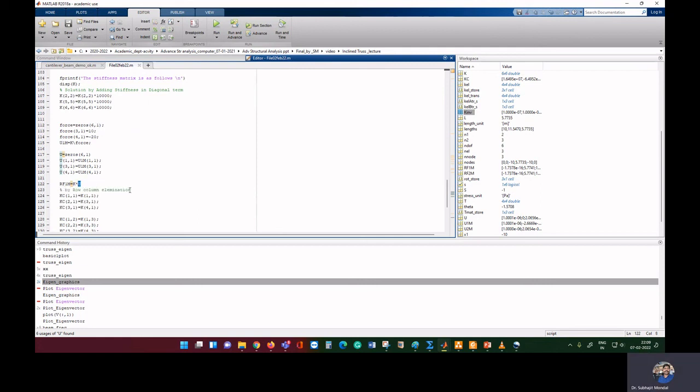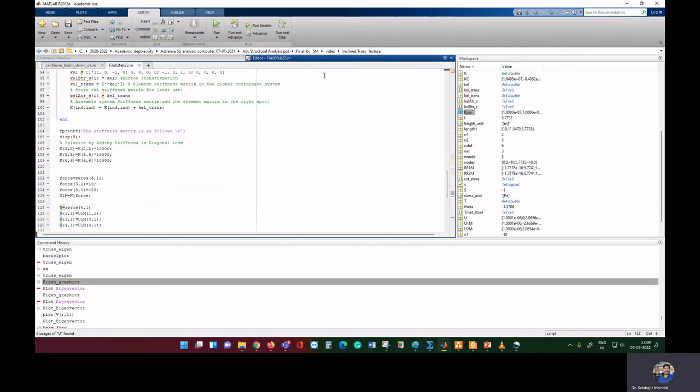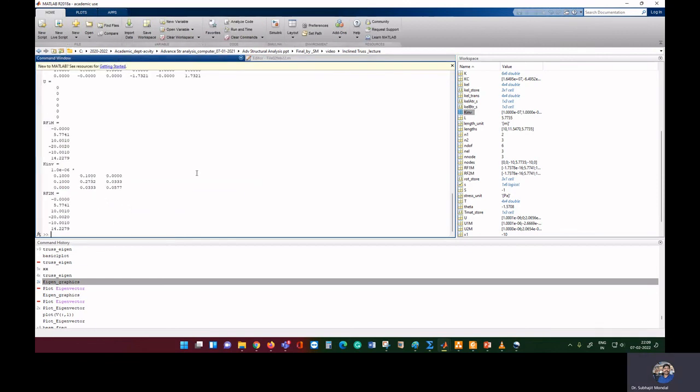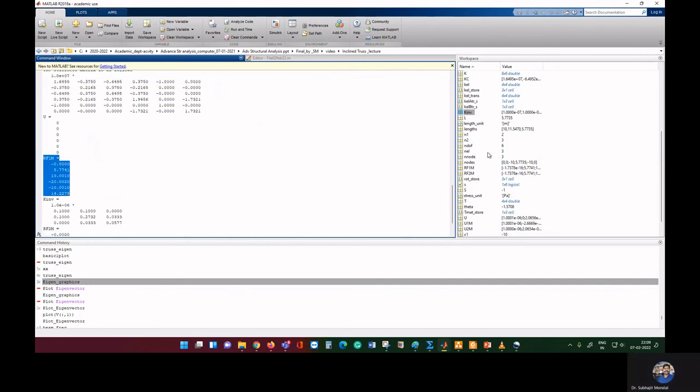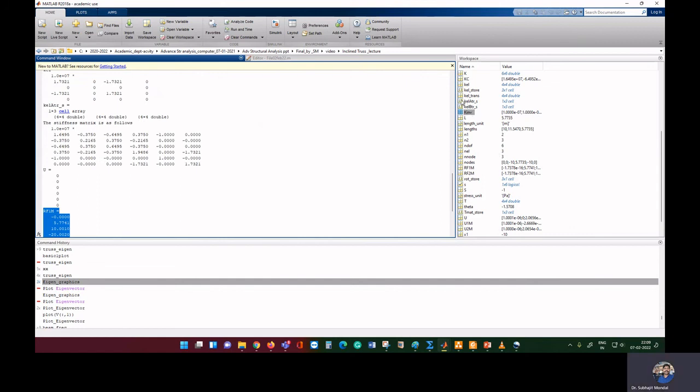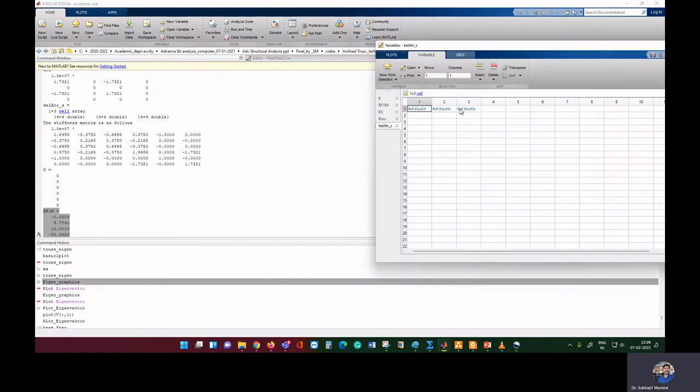Okay. So now you can see the result. In the command window, you can find the reaction forces. What are the reaction forces coming? Okay, this depends on our two different approaches. And here you can see our stiffness matrix.